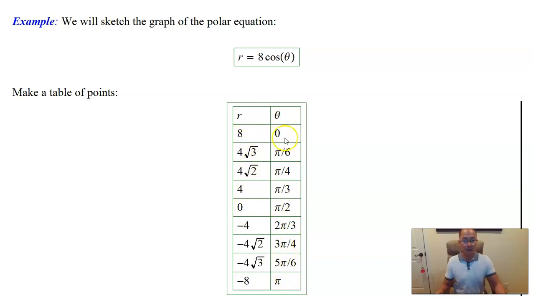When we go to GeoGebra, in polar coordinates, the point is 8, 0. Remember that we want a semicolon between the two numbers to tell GeoGebra that our point is in polar coordinates, not Cartesian coordinates. So let us go to GeoGebra and plot these nine points.